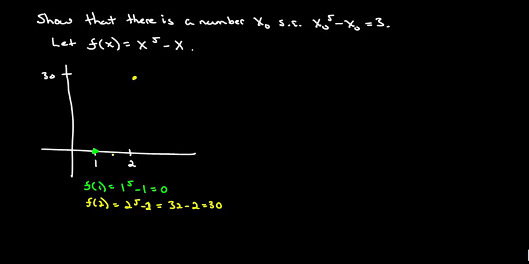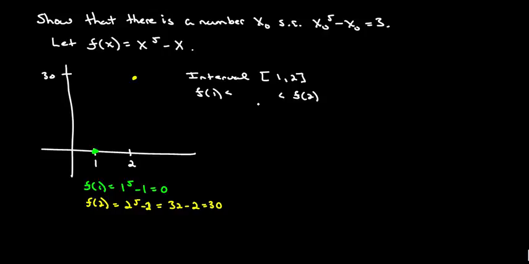Now, I have an interval. I've constructed an interval. My interval is from 1 to 2. Now that I've constructed my interval, I also notice that on my interval, f at 1 is less than f at 2.